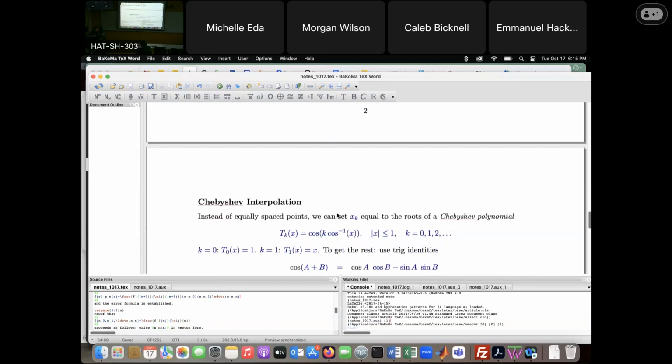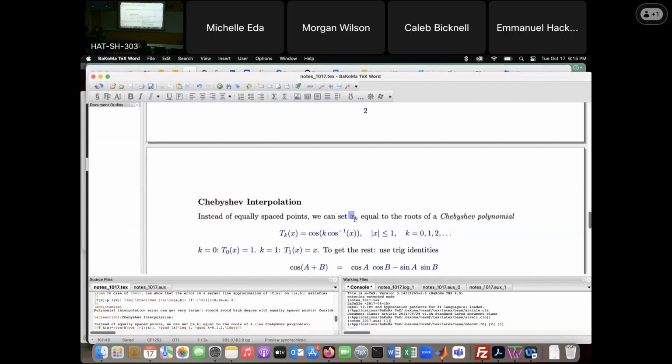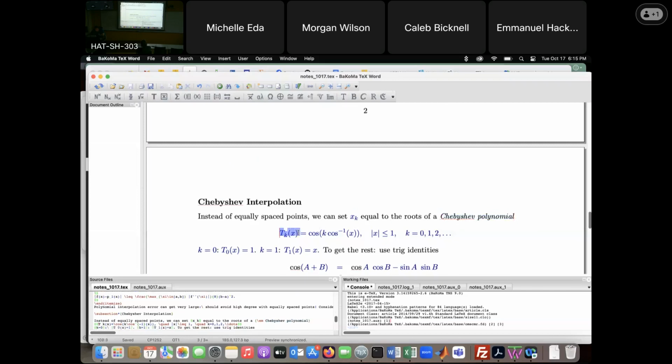The alternative is to choose your x values equal to what are called Chebyshev points, which are the roots of what's called a Chebyshev polynomial. Here's the definition of a Chebyshev polynomial, which looks absolutely nothing like a polynomial at all.